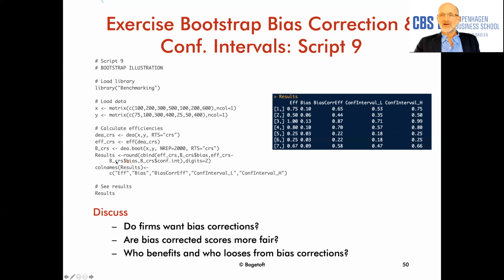And then I calculate the efficiencies in this bootstrap. First I have the efficiency scores. Then I have the biases. And then the bias corrected efficiency scores, and then you have the confidence interval.